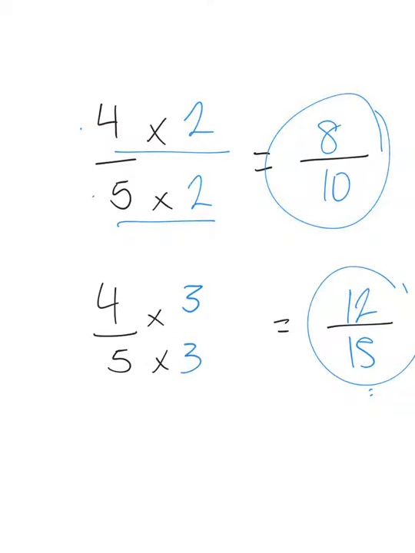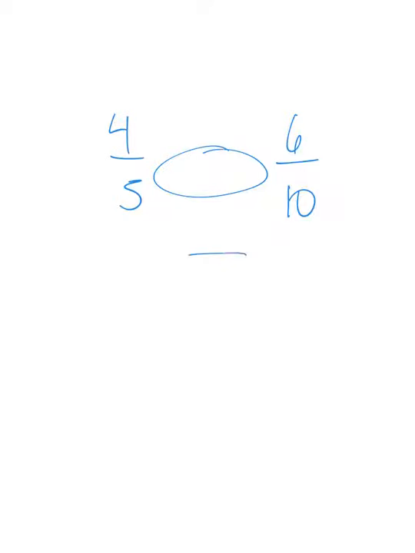There will be a part on the homework where it has, like it did yesterday, two fractions. Let's say it has 4/5 and 6/10, and it has a circle here, and you need to tell if these are equivalent or not equivalent.